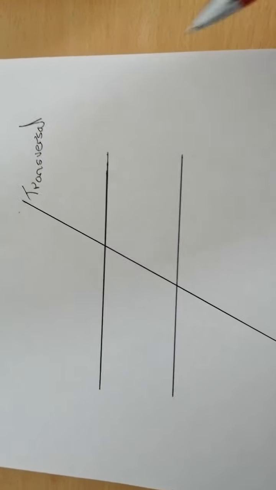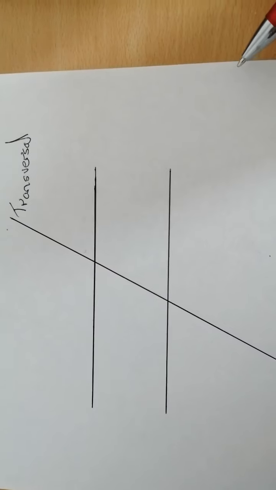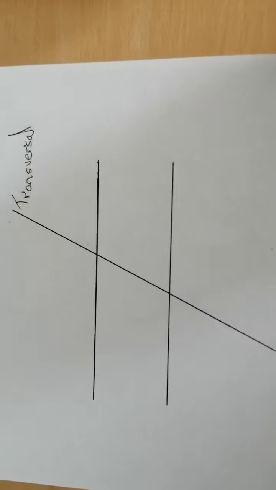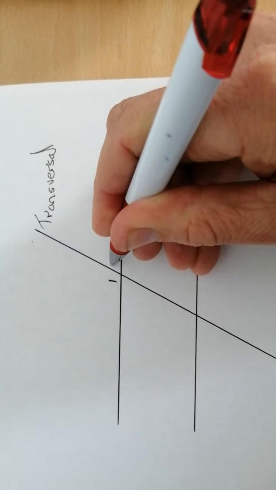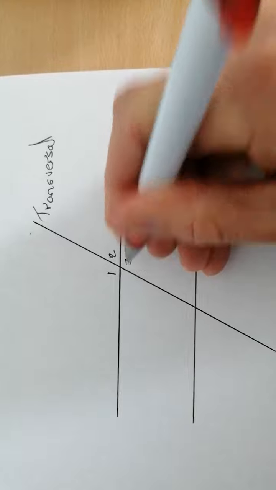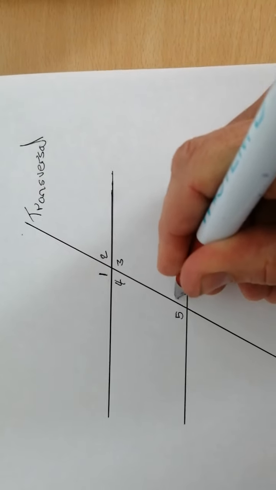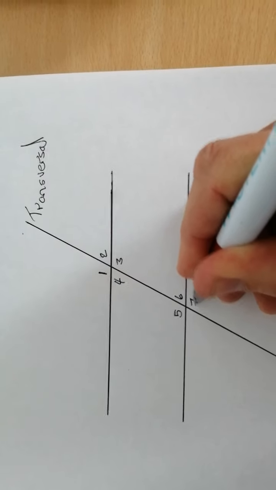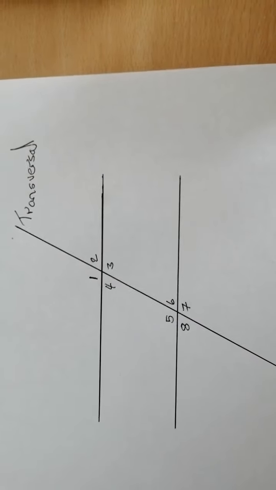If these weren't parallel, then the ideas that we're going to talk about today would not be true, okay? So, for a start, since we're going to be talking about these 8 angles, I'm just going to give them a name, and the name I'm going to give them is a number to make it easier to deal with. So I'm going to call this angle 1, angle 2, angle 3, angle 4, angle 5, 6, 7, and 8. So those are my 8 angles labeled.